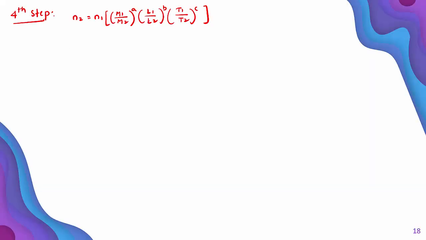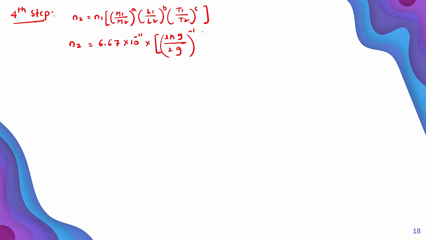In the fourth step we have to use this equation. N2 equal to N1 into M1 by M2 raised to A, L1 over L2 raised to B and T1 over T2 raised to C. Now substitute the values. N2 equal to, what is the value of N1? That is the gravitational constant, how much? 6.67 into 10 raised to minus 11 into, now substitute the values of M, L and T. 1 kg over 1 gram raised to, what is the value of A?